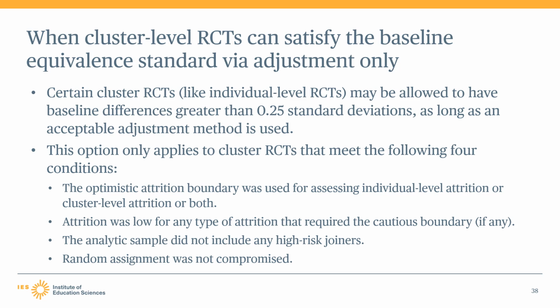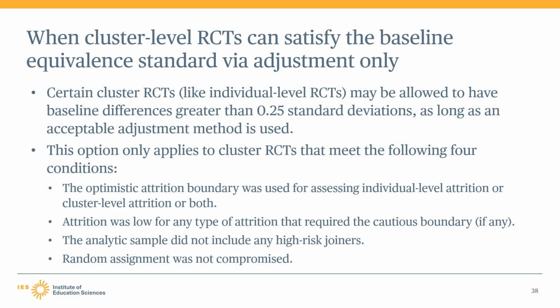Second, attrition was low when using the cautious boundary for individual-level or cluster-level attrition, if applicable. Third, the analytic sample did not include any high-risk joiners. And fourth, random assignment was not compromised.